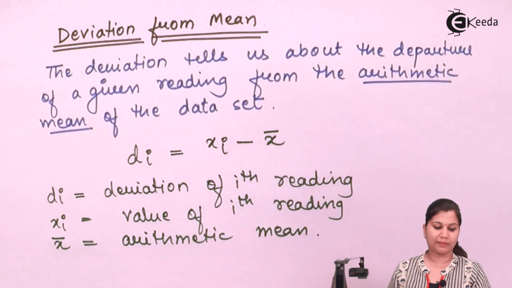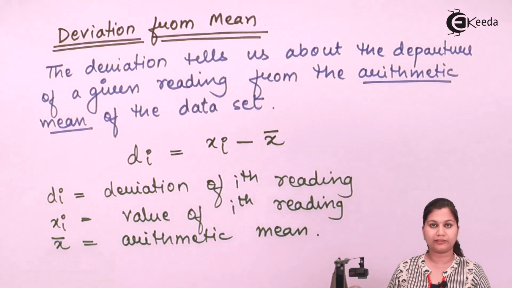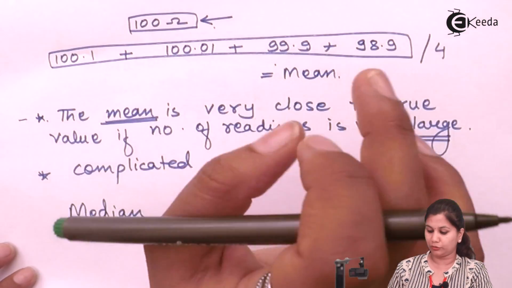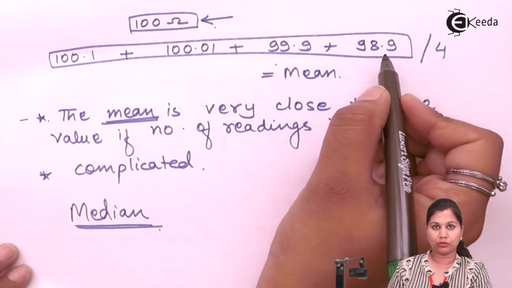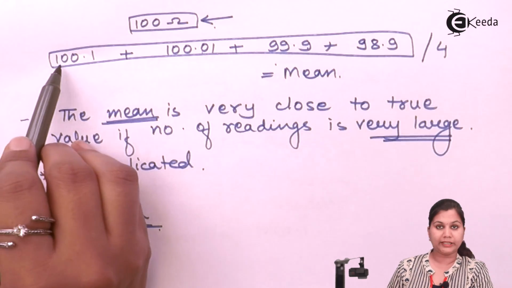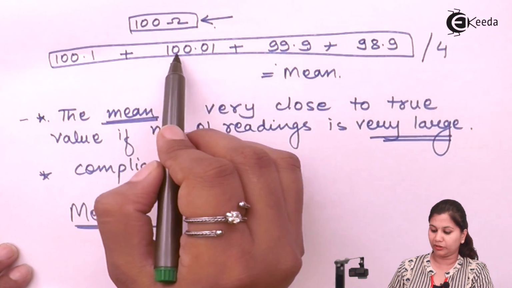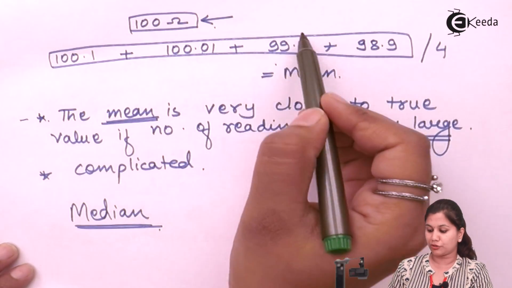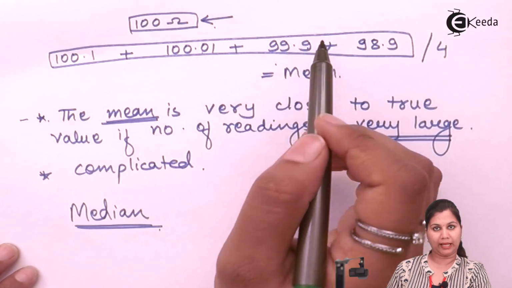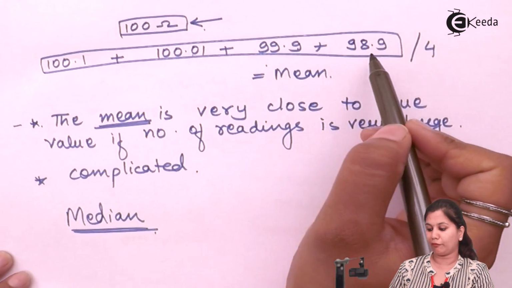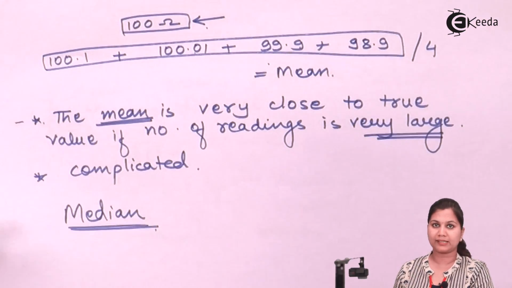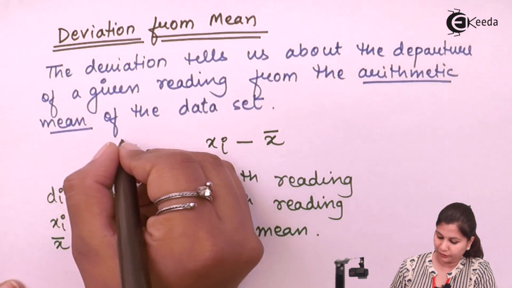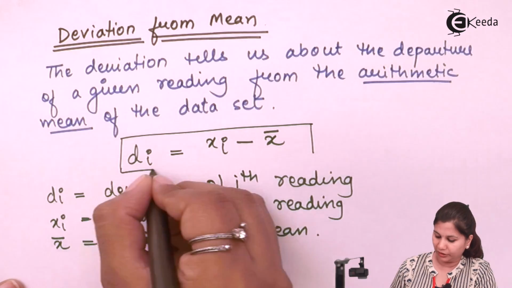Again, if we take the same example of resistance values, suppose we get some mean value. For each reading, we take that reading minus the arithmetic mean: the deviation for one reading will be 100.01 minus the arithmetic mean, for the third reading 99.9 minus the arithmetic mean, and for the fourth 98.9 minus the arithmetic mean. In this way, for every reading we calculate the deviation.